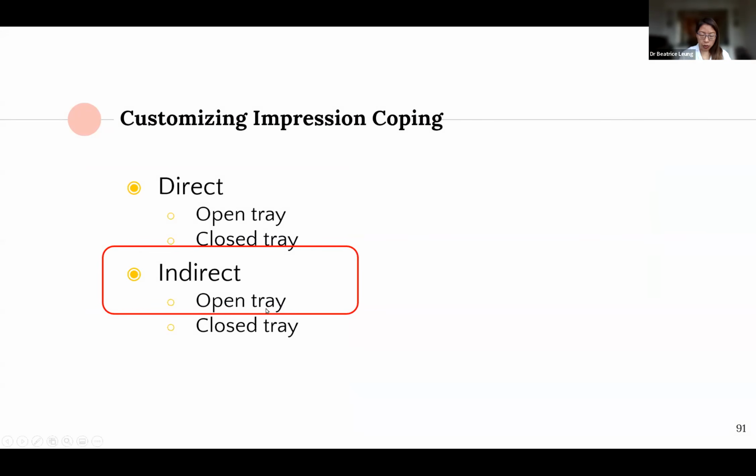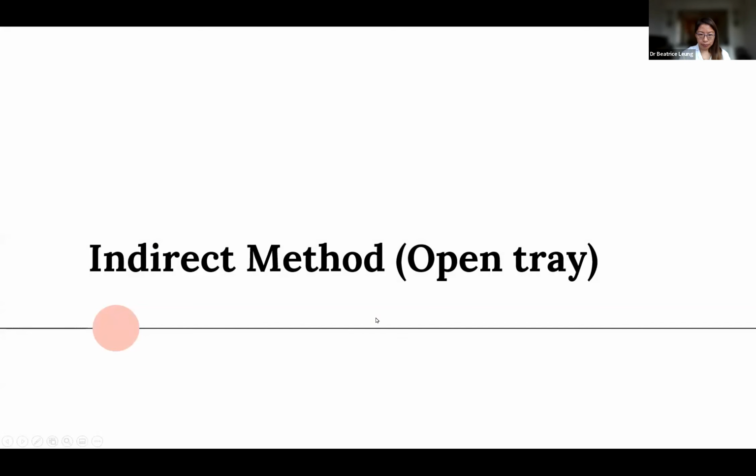That's what I do, and that's what I'm going to show you. But that's not the only way to do it. If you look at implant companies' catalogs, they will show you some of the direct methods. In another presentation, I talk about their pros and cons, but I don't have the time today to talk about it, so I skip all that. Basically, I'm just talking about the indirect open tray technique.